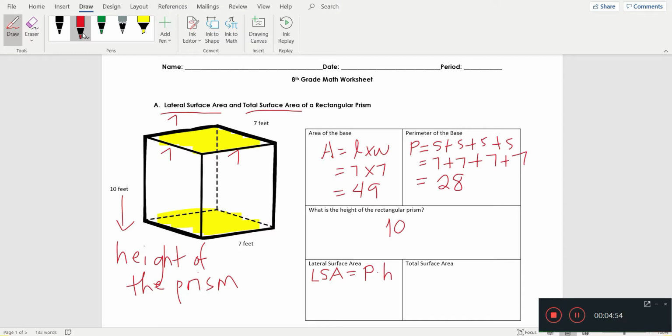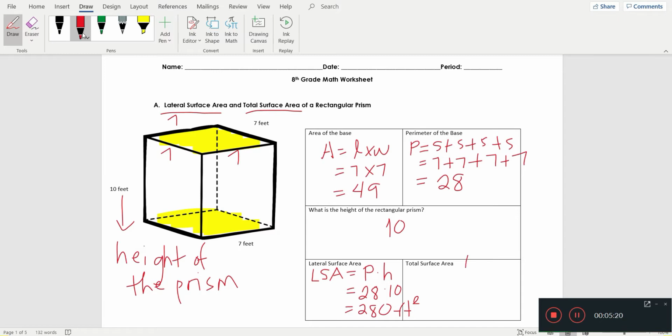The perimeter is 28 times 10, so the answer is 280. So we have 280 feet squared. We need to be careful with our units too, so feet squared.